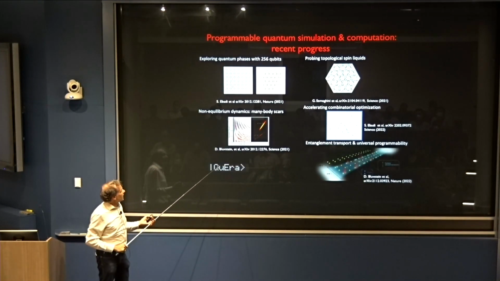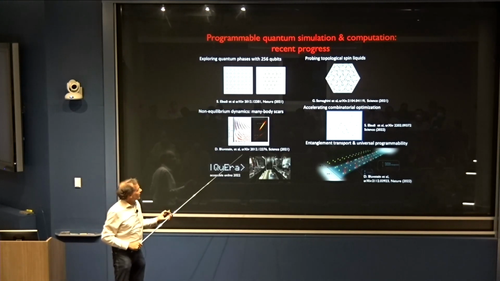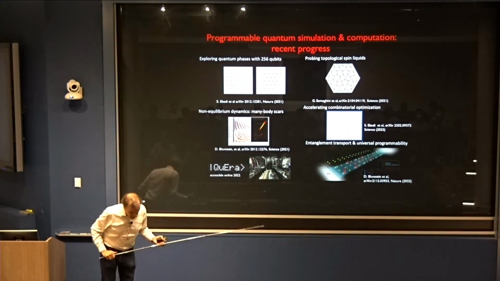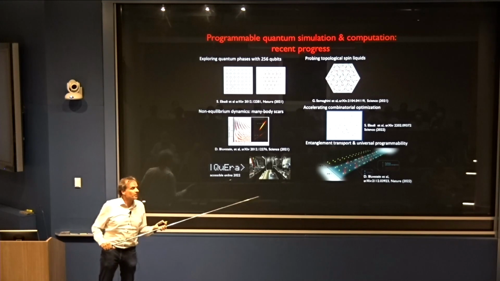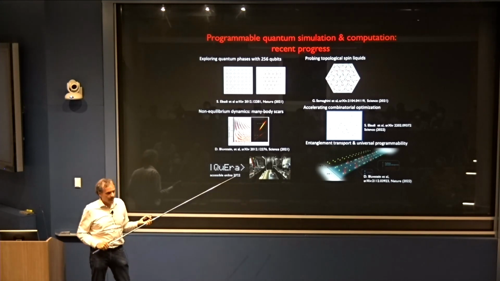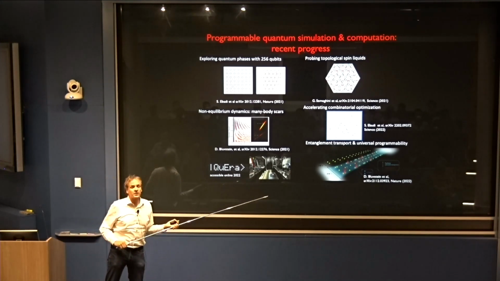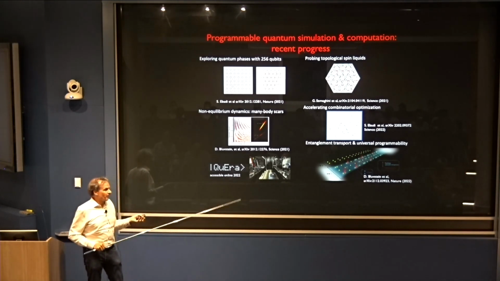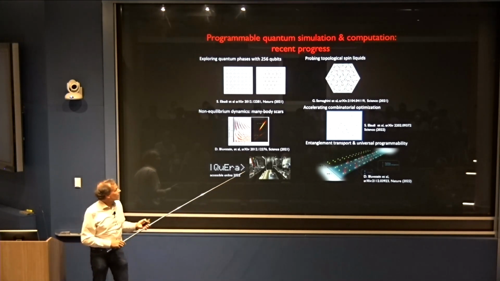And so recently we have realized, I should mention this is a collaboration between Misha Lukin's group and our group and Vladan Vuletic's group, and this is led by Misha Lukin.